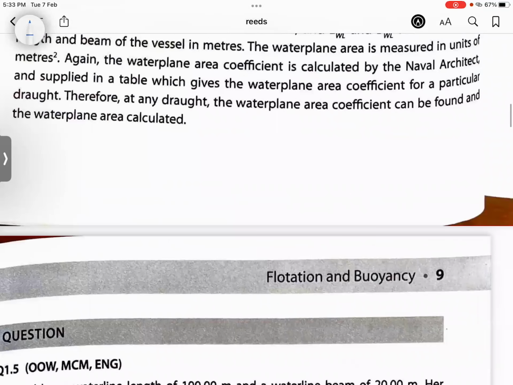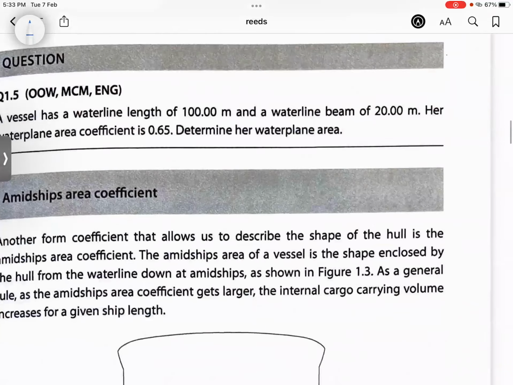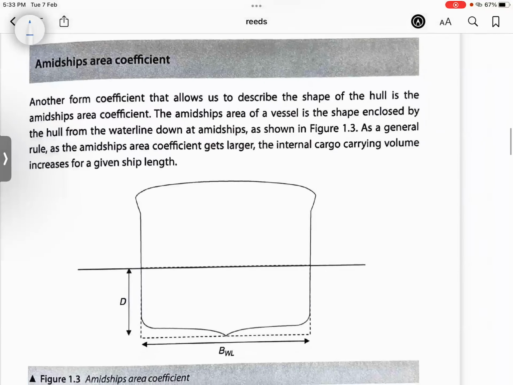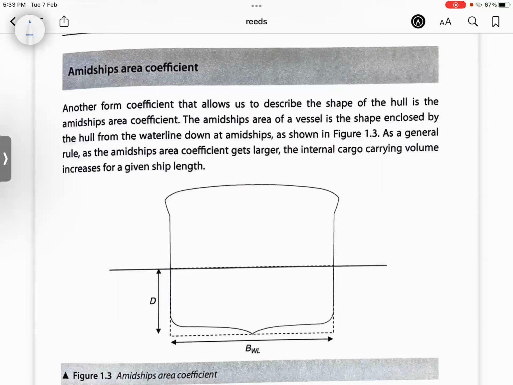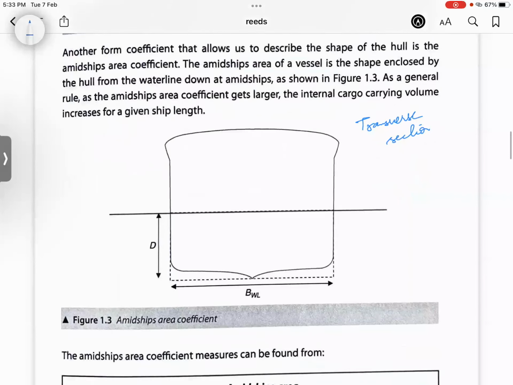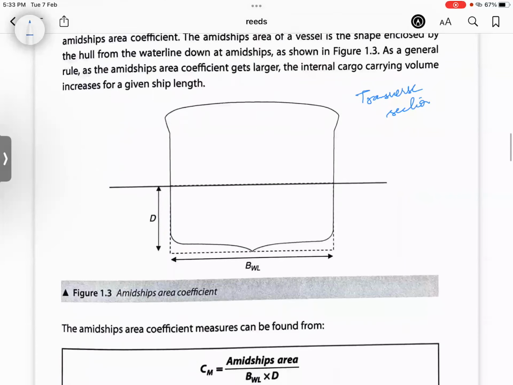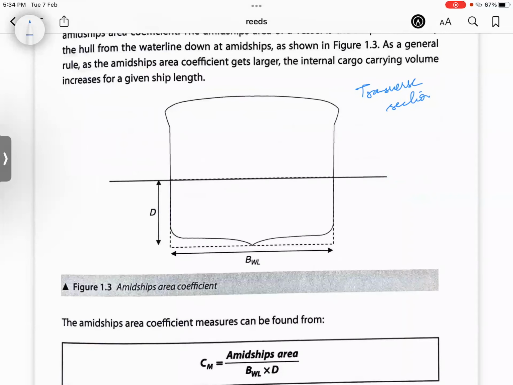Then the amidships area coefficient. What you will do is that you will cut your ship at the half, right? You will see the midship section of the vessel. You will see the transverse section, this is the transverse section which you are looking at. So in this case also it's again a 2D area. Let's say this is the ship, right?